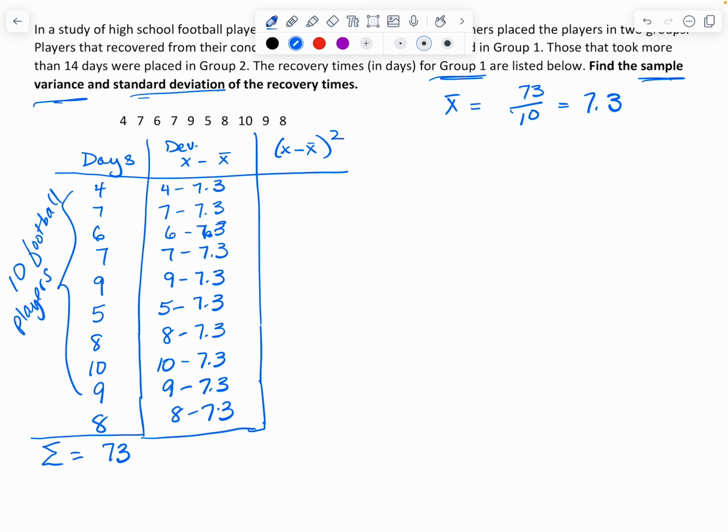All right, carefully use your calculator. 4 minus 7.3 is a negative 3.3 squared. Remember that these always have to be positive, and that would give me 10.89.